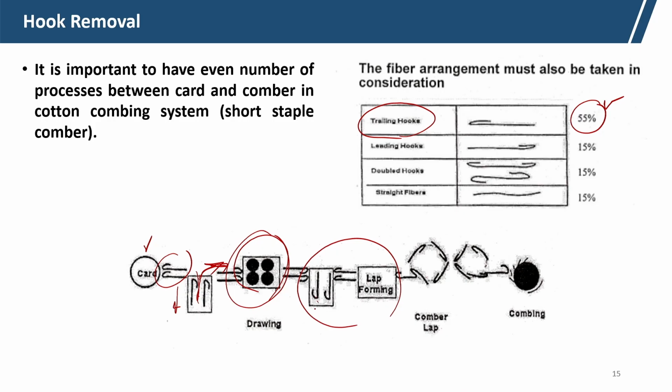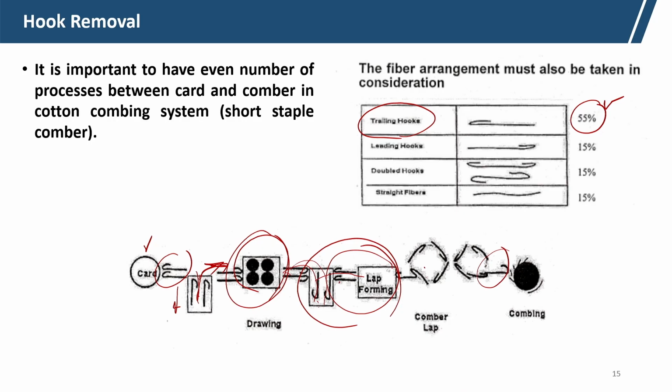This is the lap formation. It comes in the leading hook direction, then it is the trailing hook, and in the comber it becomes the leading hook.